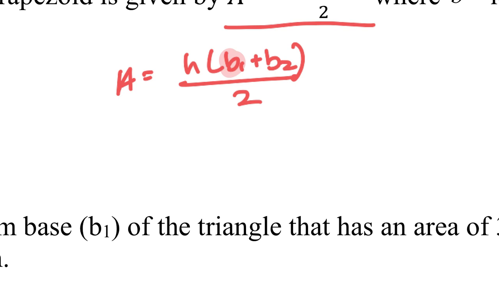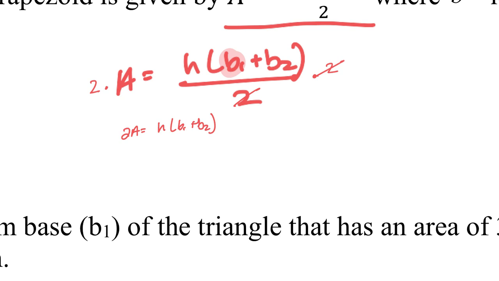And again, when you're getting rid of things, you start by peeling off layers furthest to the outside. So this 2 at the bottom is the furthest to the outside. The opposite of division is multiplication, so multiply both sides by 2, that will cancel that out. And I'm left with 2a equals h times b1 plus b2.